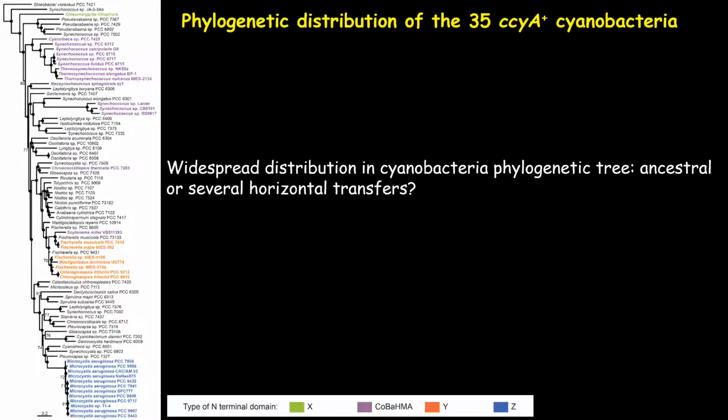The question is, how are they related to each other phylogenetically? To do that, again using the genomes, you have some information about the phylogeny, so the genealogy somehow, of these cyanobacteria.